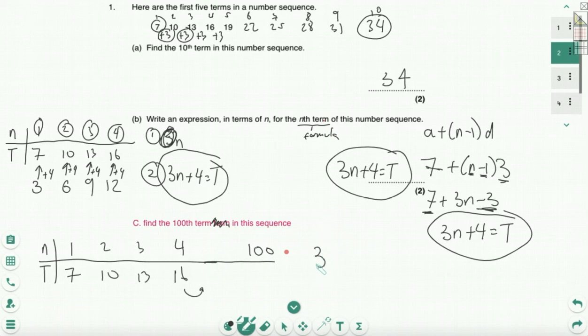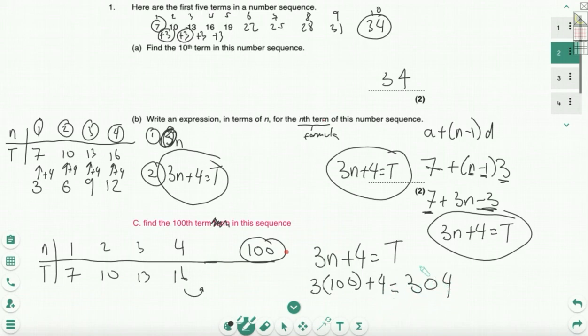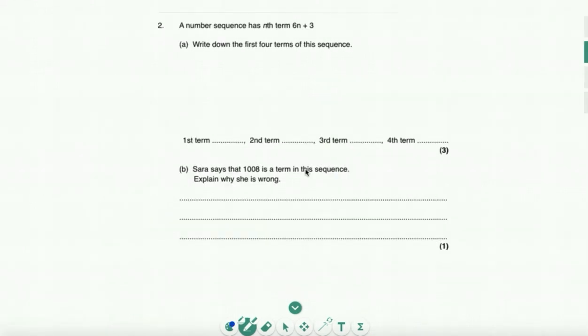So we have 3n plus 4. We're going to replace n with 100 because we're looking for the 100th term. So 3 times 100 plus 4, which is equal to 304. So the 100th number in the sequence will be 304.